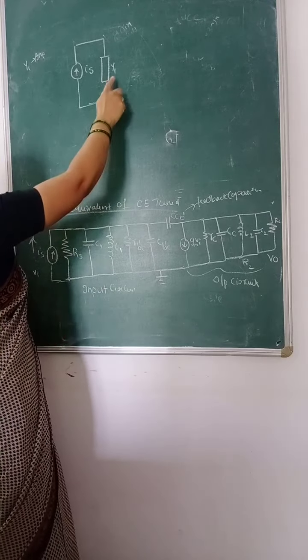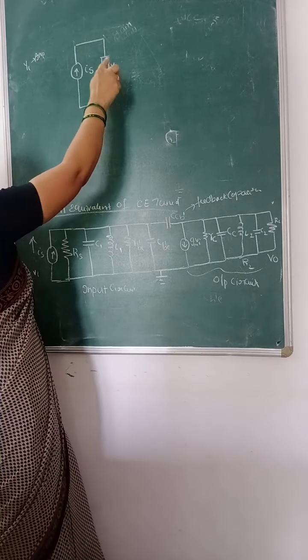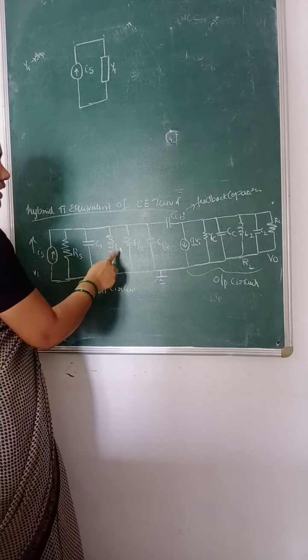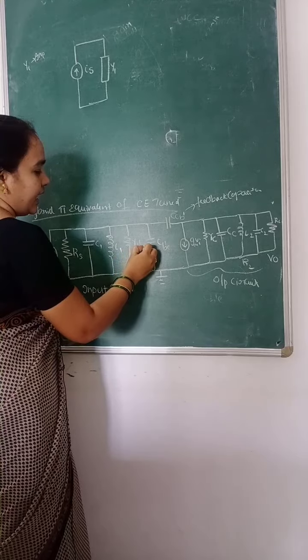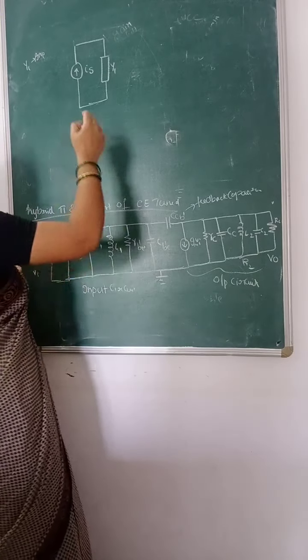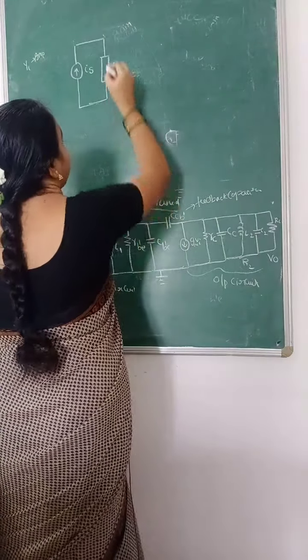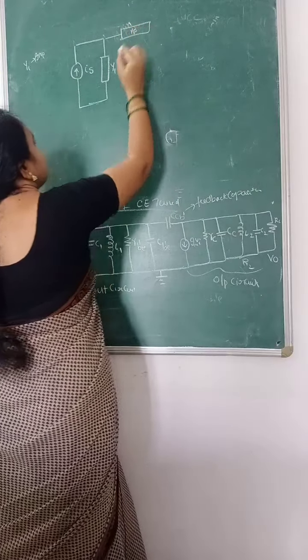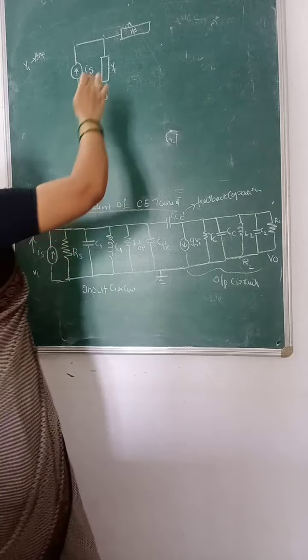That is, Y1 is the conductance or admittance of Rs, C1, L1, Rb dash e and Cb dash e. Here this is the feedback capacitance. Let the feedback capacitance or admittance be represented with Yf.